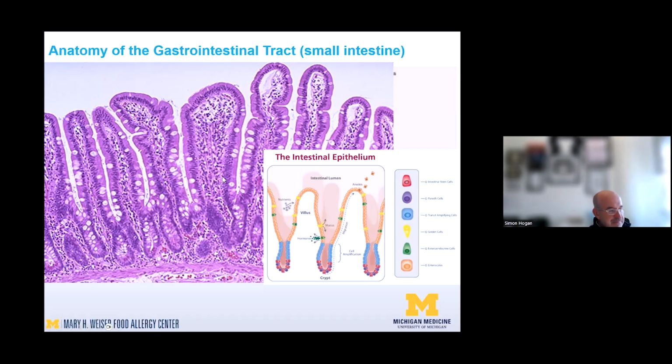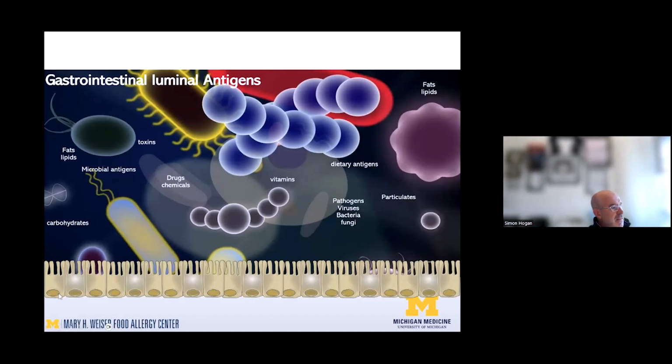and carbohydrates. So you have to remember that the epithelial layer itself is semi-permeable, because it plays an important role in acting as a fence to protect us from some luminal contents, such as microbial antigens, pathogens, and viruses, where it has to prevent uptake.